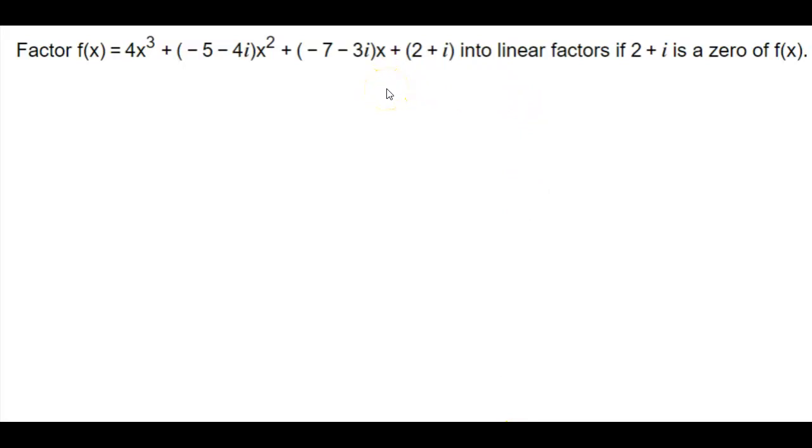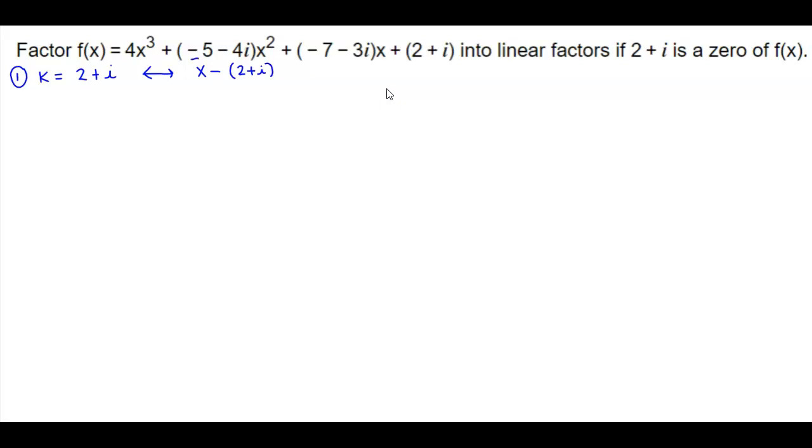So the first thing we need to identify is what is k. Well, we know that k is equal to 2 plus i. And what that tells us is the following. We know that x minus whatever k is a factor of this polynomial.